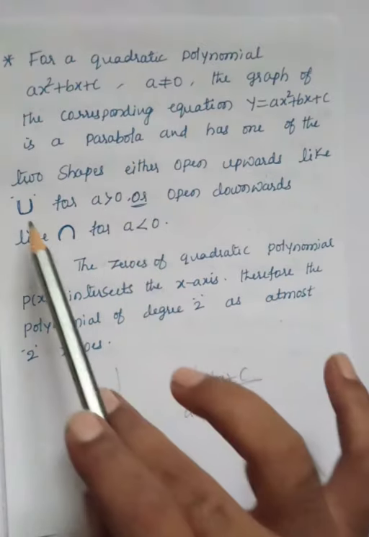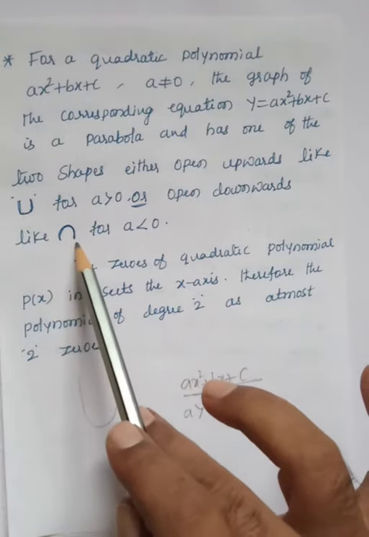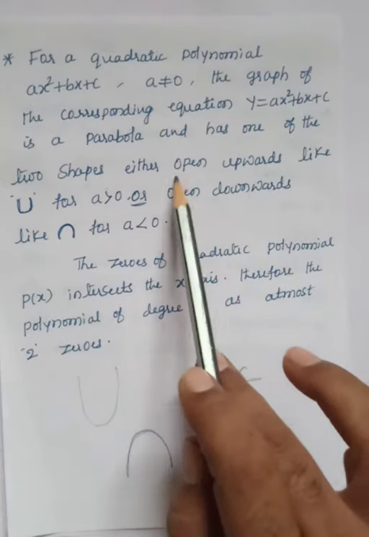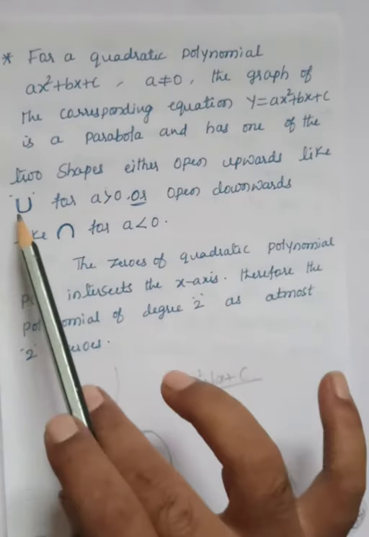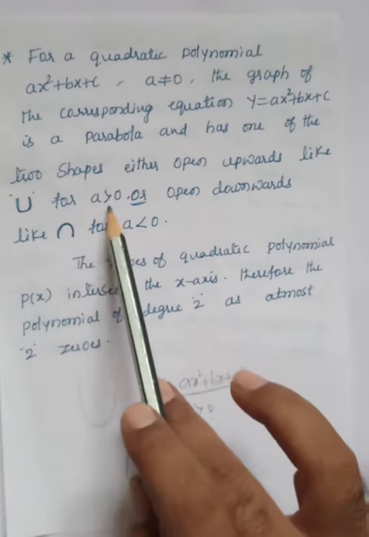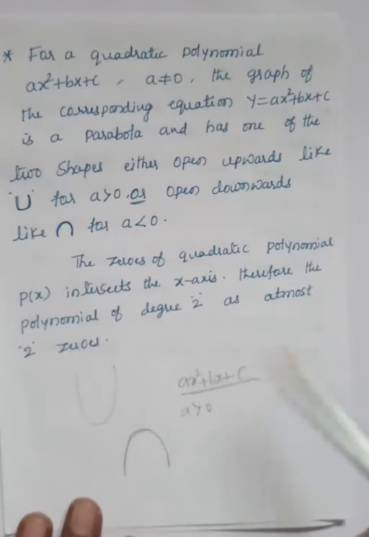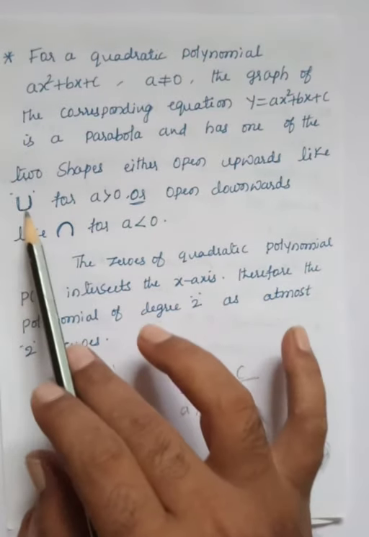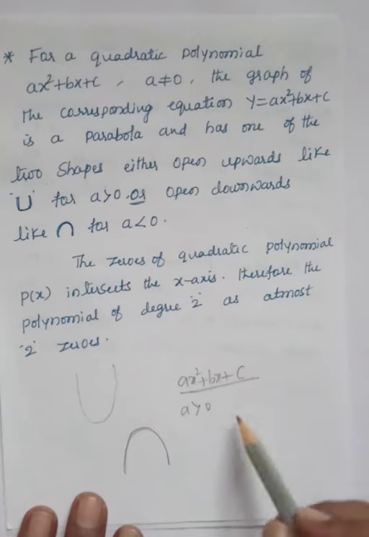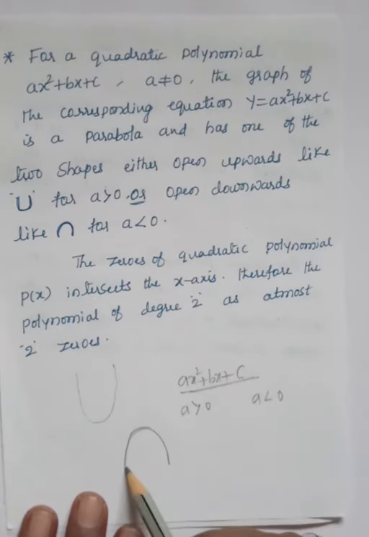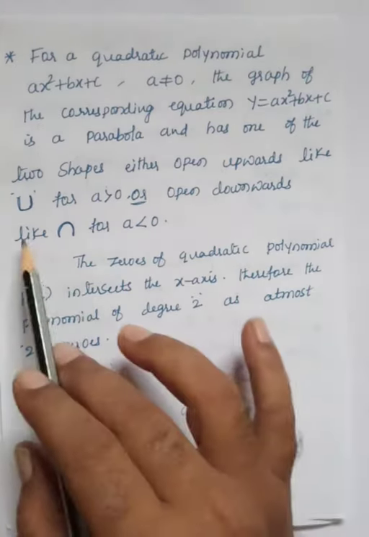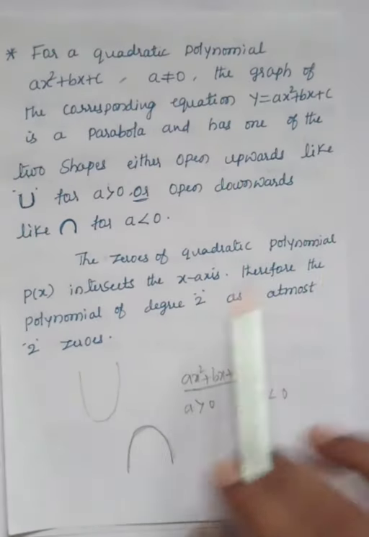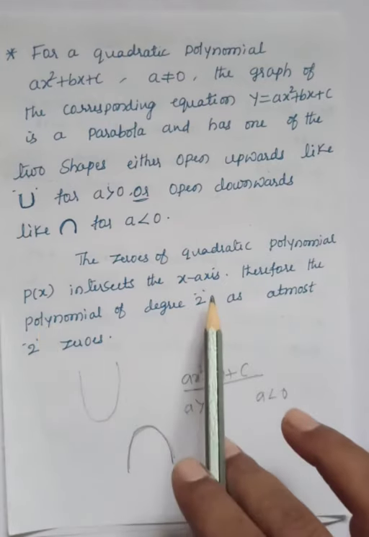A parabola is either upward or downward shaped. It opens either upwards, like a U shape, for a greater than 0. In ax square plus bx plus c, if a is greater than 0, we get a U shape. If a is less than 0, we get this downward shape. The zeros of the quadratic polynomial p of x are where it intersects the x-axis.